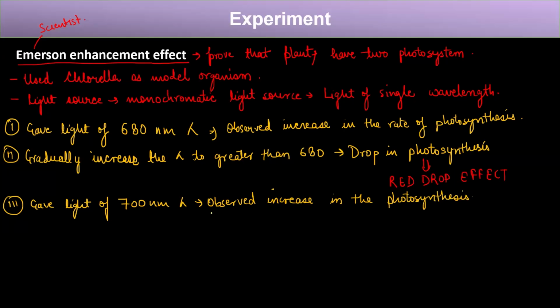And now we know why this happens, because when light of 700 nm was given, there was activation of PS1, photosystem 1, right? And that leads to photosynthesis.